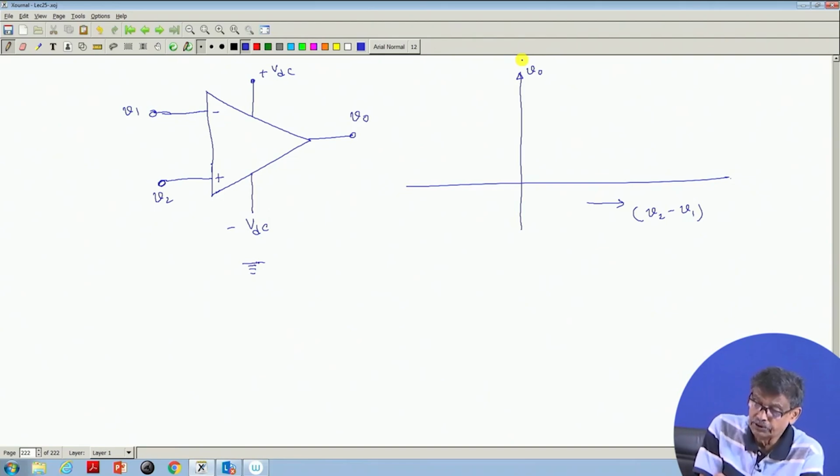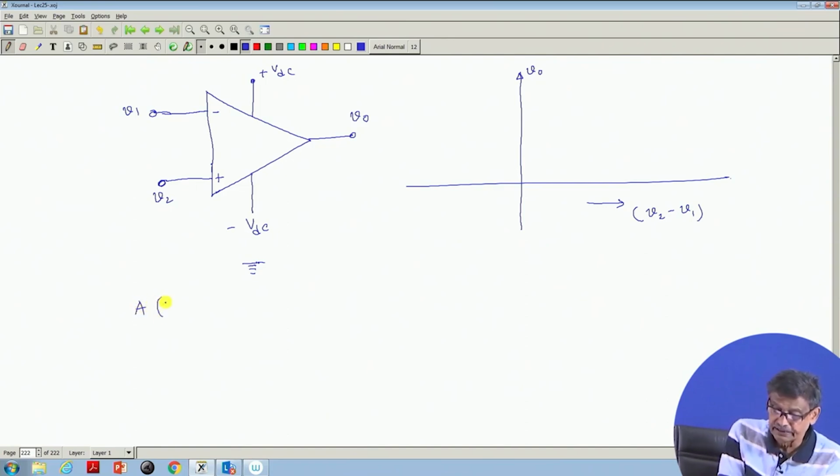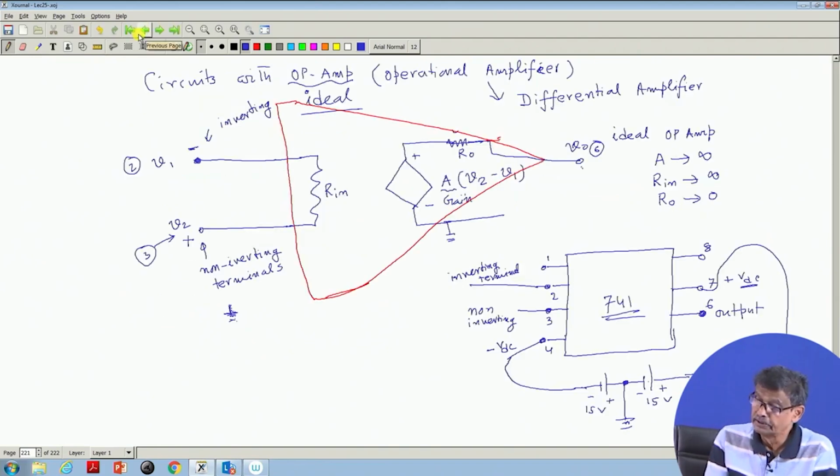As I told you, there is a gain of this op amp and the output is A into V 2 minus V 1. In the last page, I told you this is the output voltage, which is equal to A into V 2 minus V 1.